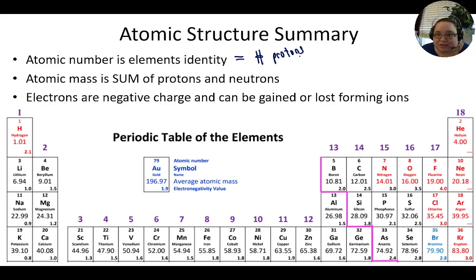And electrons are a negative charge, and they can be gained or lost to form your ions. So a negative ion means we have gained, so we have to add the number. A positive ion means you have lost, so you have to subtract. I'm going to actually write the word add.